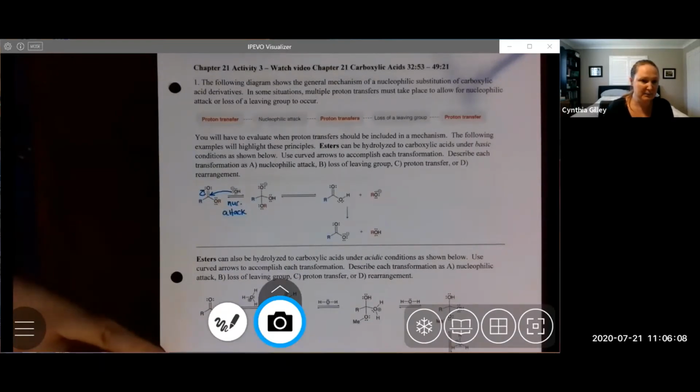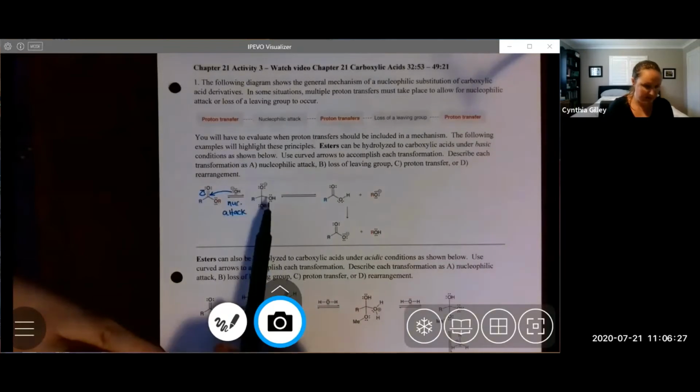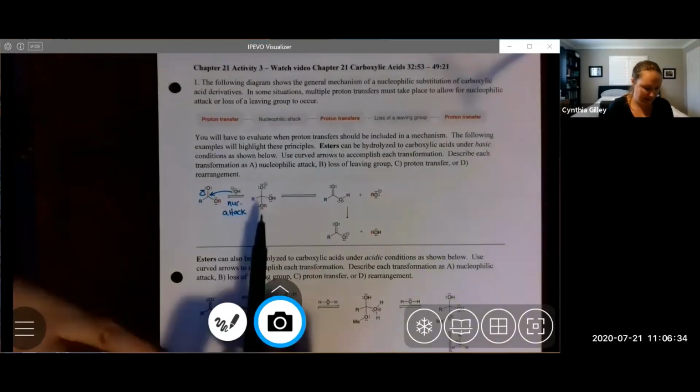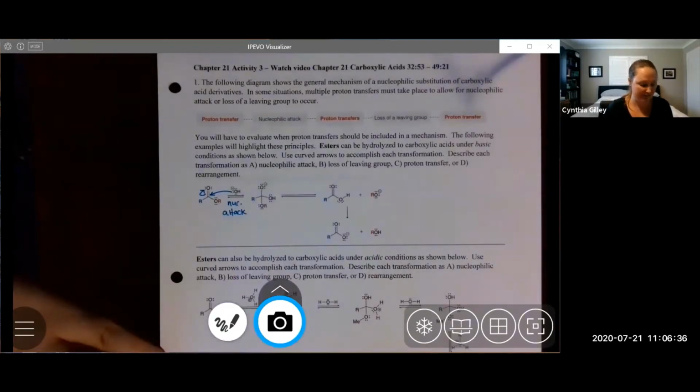And at this point, we could either regenerate the carbonyl and kick out hydroxide or the alkoxide. Neither one of those is considered a great leaving group. However, they can be strong enough under basic conditions to leave. And if we were to kick out the hydroxide, it would just go straight back to the ester. It's also possible to kick out the alkoxide instead of the hydroxide.